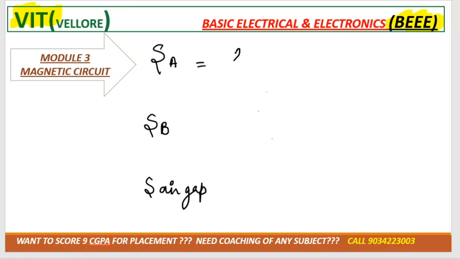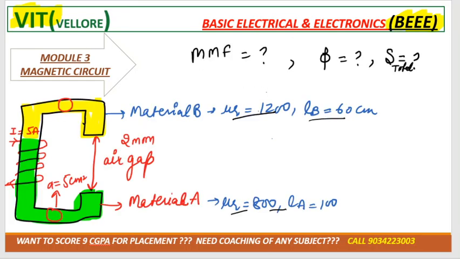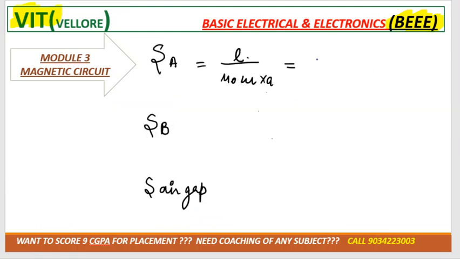So the formula is same, L divided by mu naught mu r multiplied by area. In this case, area is given 5 centimeter square, length is also given, mu r is also given. Similarly for B, area is same, 5 centimeter square. They have mentioned it, that for both the cases same.